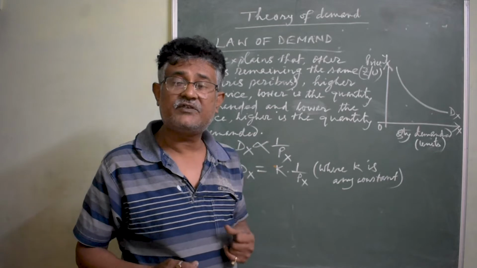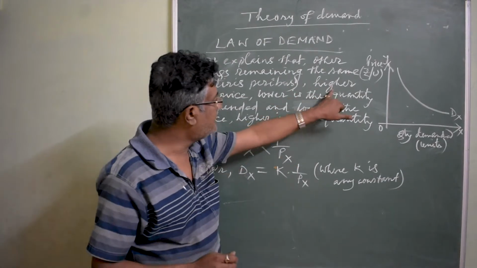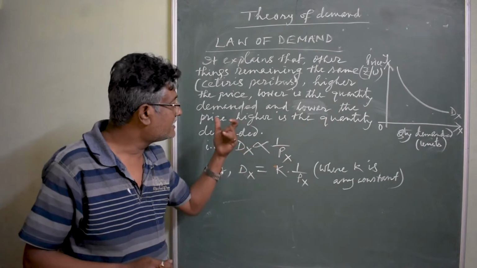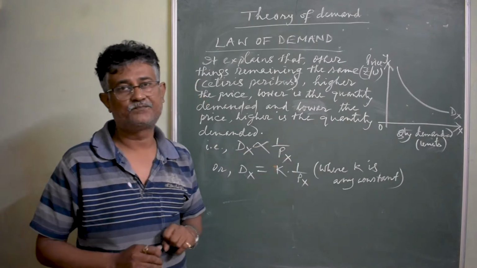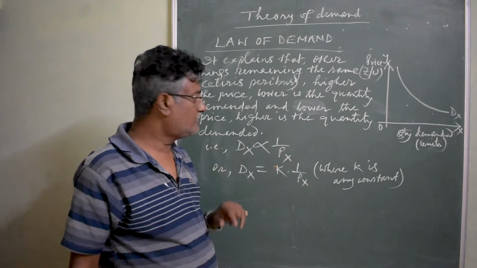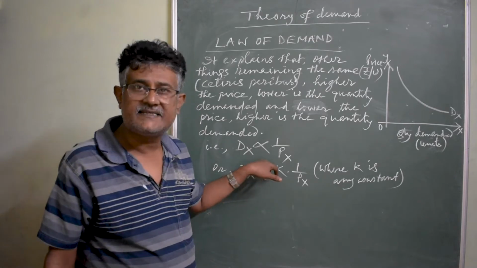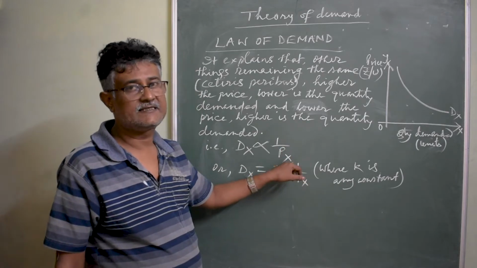Then what sort of relation exists between price and quantity demanded? Higher the price, lower is the quantity demanded, and lower the price, higher is the quantity demanded. Therefore, we find that demand for any commodity, say X, is inversely related to its price.